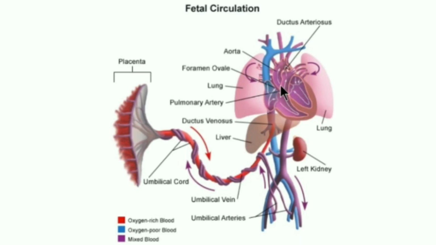So in the left atrium, the blood comes from the right atrium, and blood from the lungs also reaches the left atrium. From the left atrium, blood enters the left ventricle through the mitral valve.